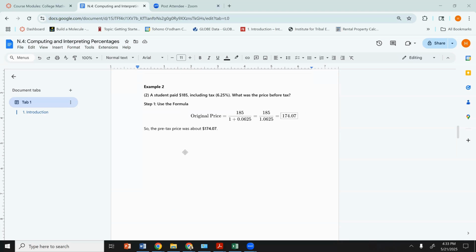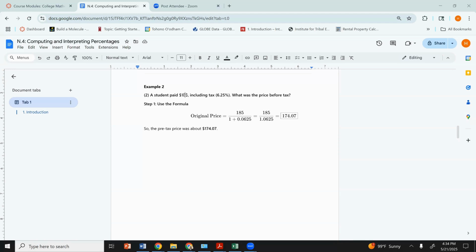Example 2. A student paid $185, including tax, 6.25%. What was the price before tax? Okay, so this is a slightly different question.